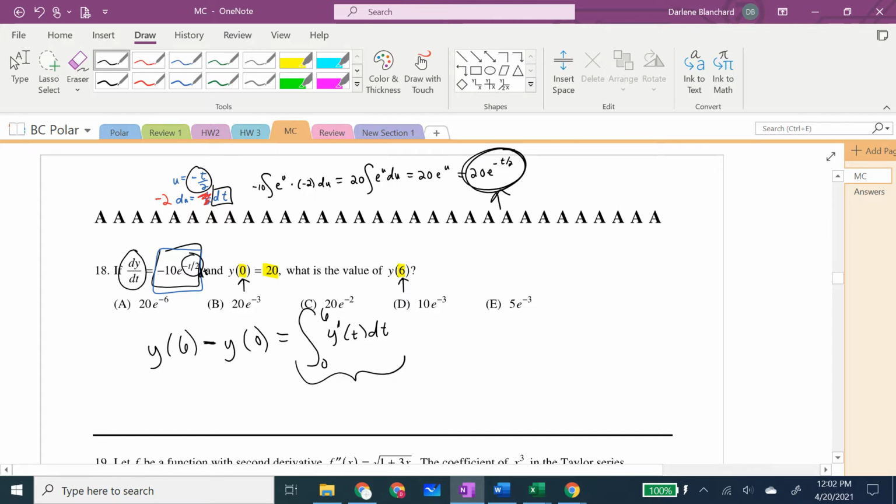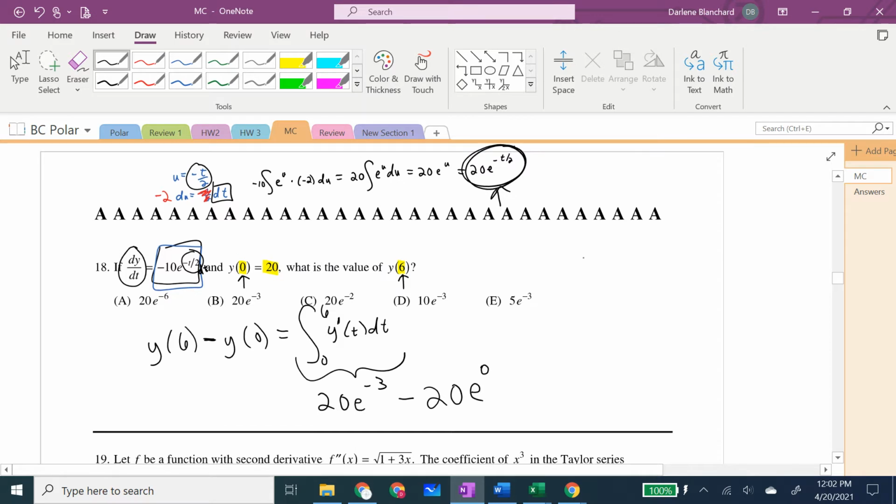So when I plug in the 6, minus I plug in the 0, I am going to get, plugging in 6, 20e to the negative 3 minus 20e to the 0, and e to the 0 is 1.